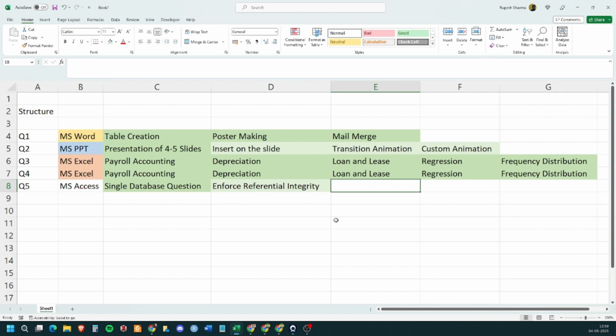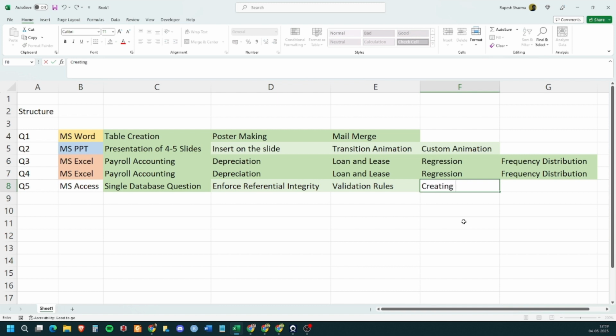Those who were there will be fully aware of what we did. Then we have the second thing called validation rules. So we put validation rules. Validation rules apply करने आने चाहिए आपको. And the third thing that we are looking for is creating queries.